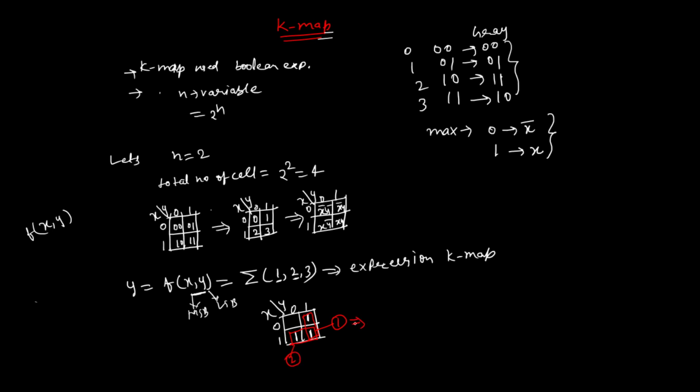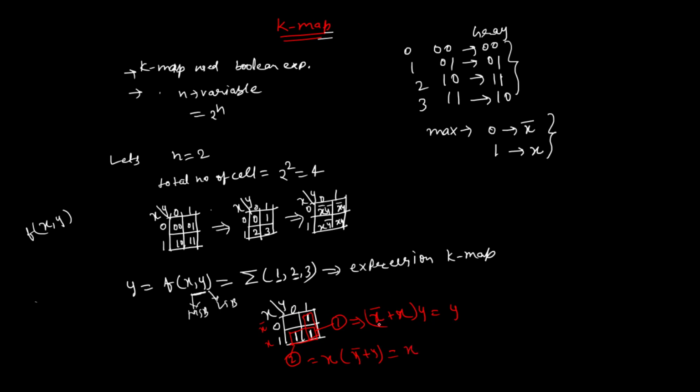So this can be written as y, because this is x complement and this is x. So x complement plus x is 1, and it will be simply y. And for this it will be x, because we have y complement and y, so it will be x.